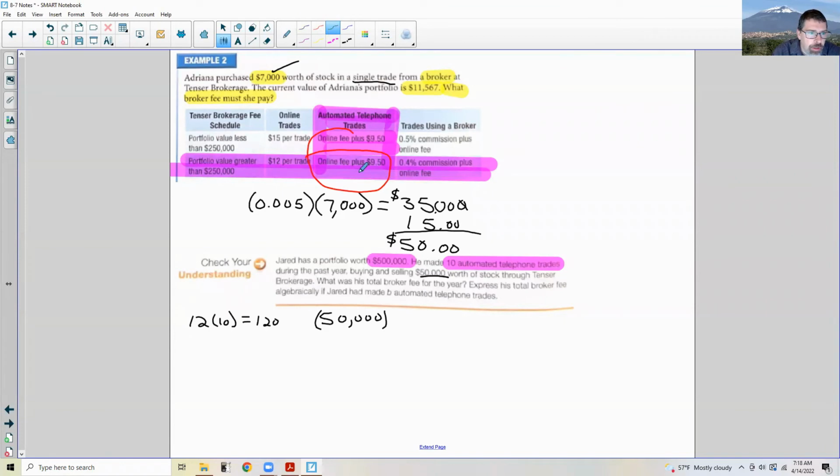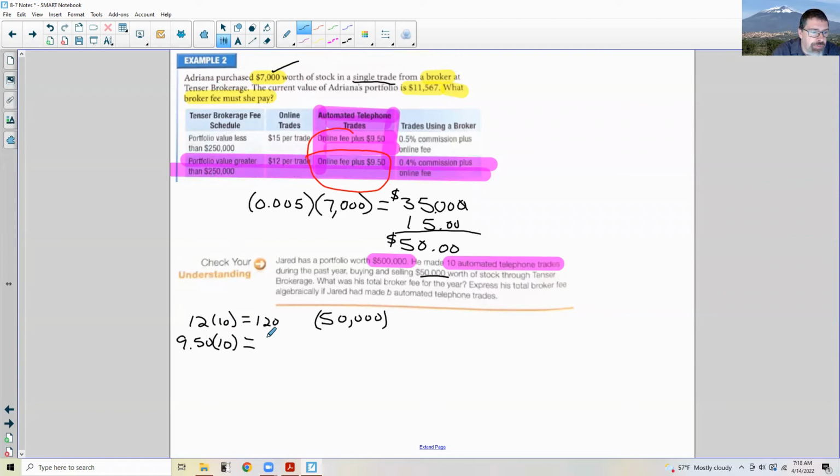Okay, so he again made 10 trades. Actually, let me keep them in order. He made 10 trades, and it's $9.50 for automated telephone.